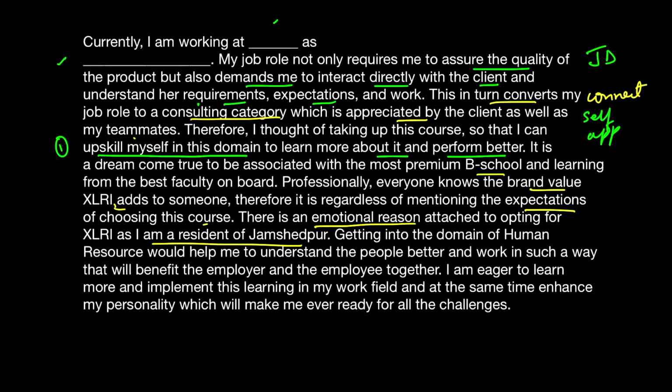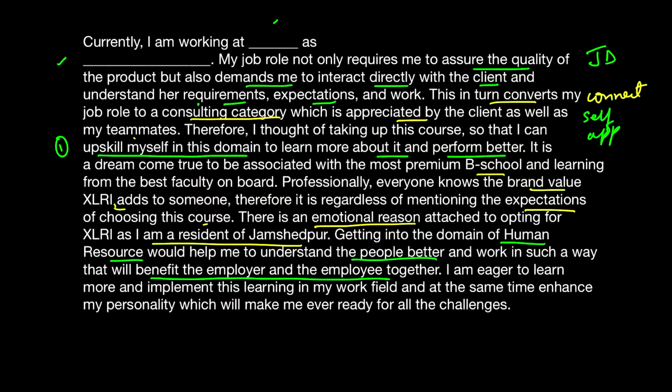So sir, people did not ask me much, nor did they try to understand about the course. I have just specifically mentioned how HR will help me. So this is what I told, that I want to understand people better, work in such a way that will benefit the employee and the employer together, and that's the connecting link, right?